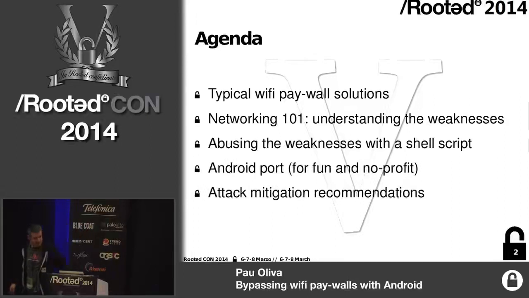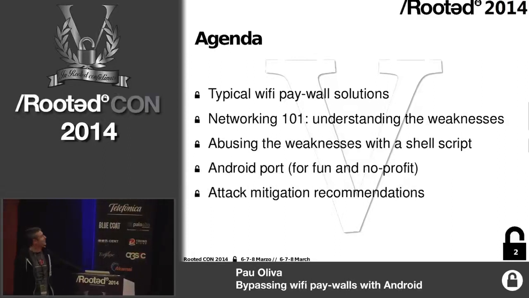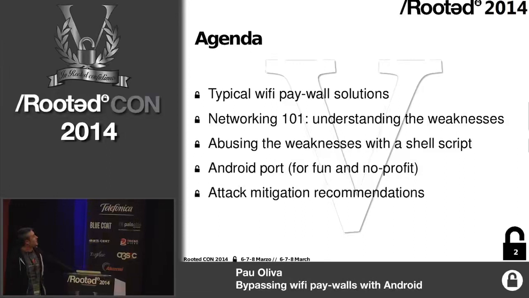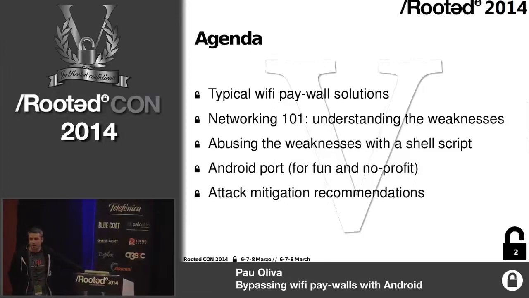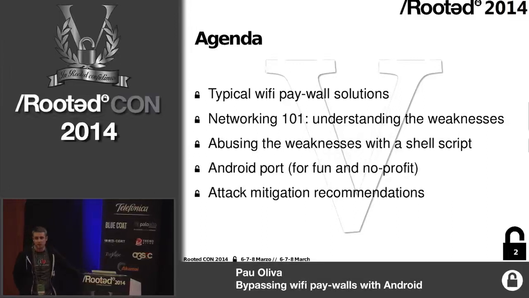The agenda for today, the topic I will present, is bypassing Wi-Fi paywalls with Android. I will tell you how hotspots and Wi-Fi captive portals work. Then we have to understand the vulnerability.